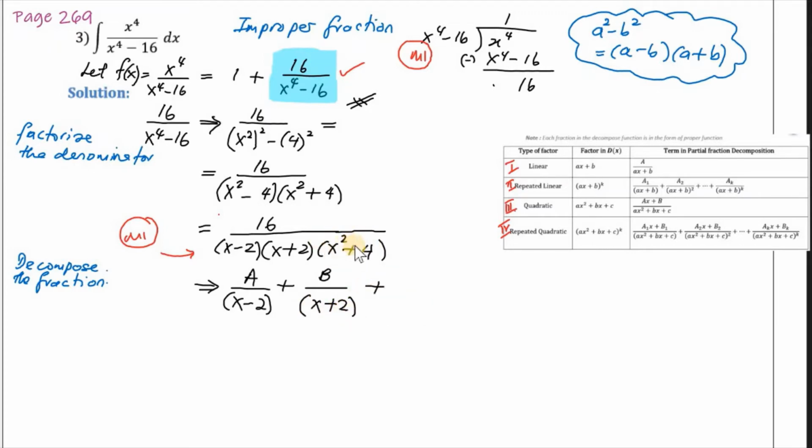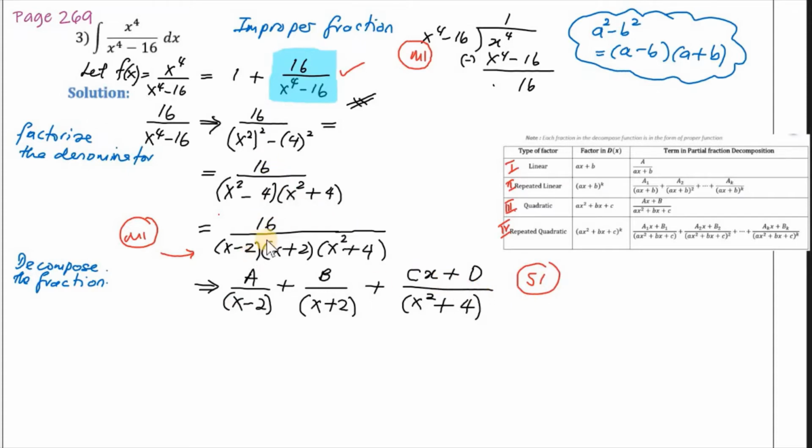And for this portion, it is a quadratic, so the numerator will receive a constant times x plus another constant. Let's call it Cx plus another constant, D, for this irreducible quadratic. You receive a mark on the correct format, so don't skip it.